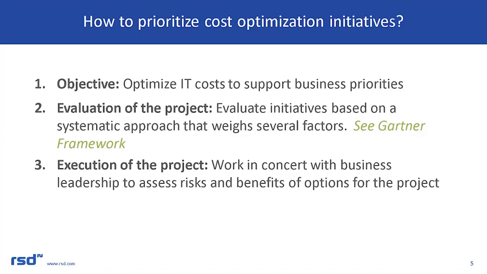Gartner collected survey responses of CIOs and IT leaders in 2016 and used the information to design their framework. We have embraced the Gartner Decision Framework for prioritizing cost optimization initiatives. This framework provides a systematic approach that weighs several factors for project evaluation. It can be followed working with business leadership to assess the risks and benefits of a cost optimization initiative.